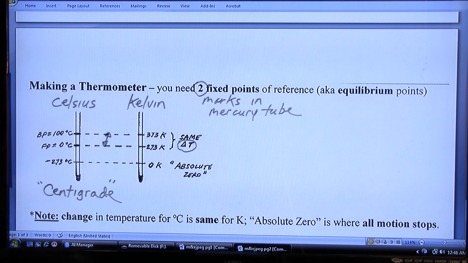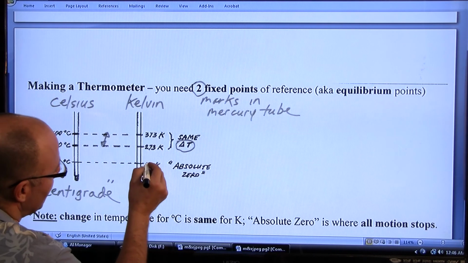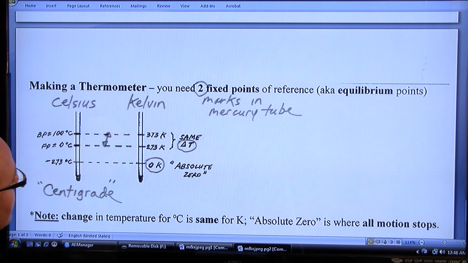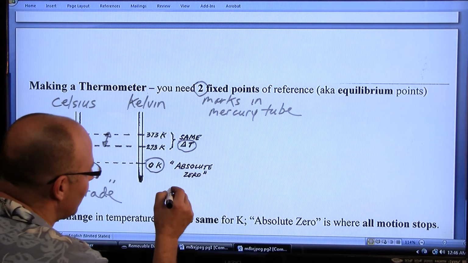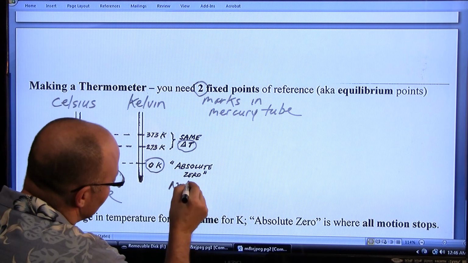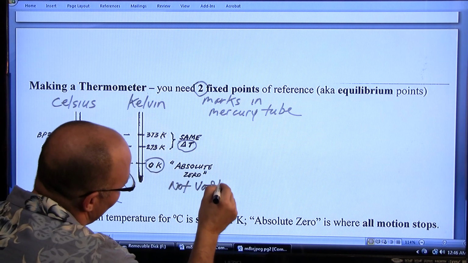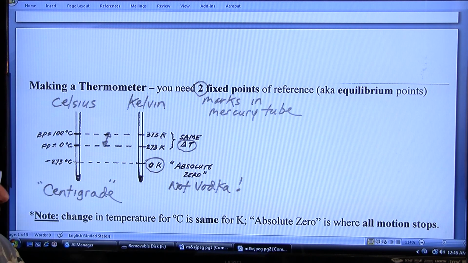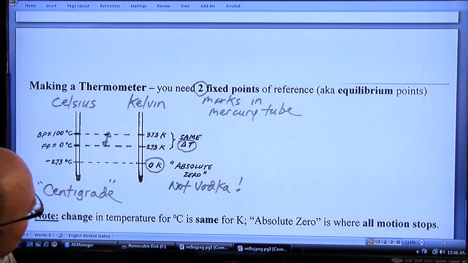The Kelvin scale is famous for its minimum, which is 0 Kelvin. 0 Kelvin is known as absolute zero. Not absolute vodka, but absolute zero. And absolute zero is theoretically the lowest temperature possible.